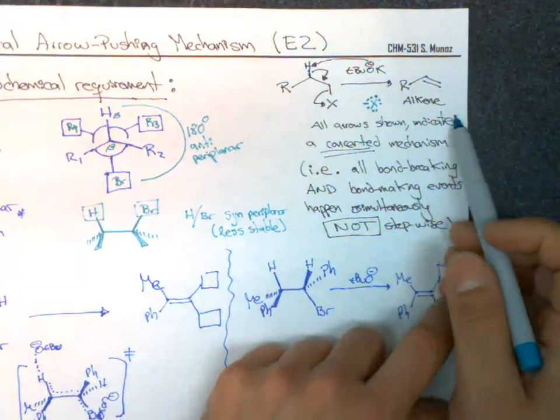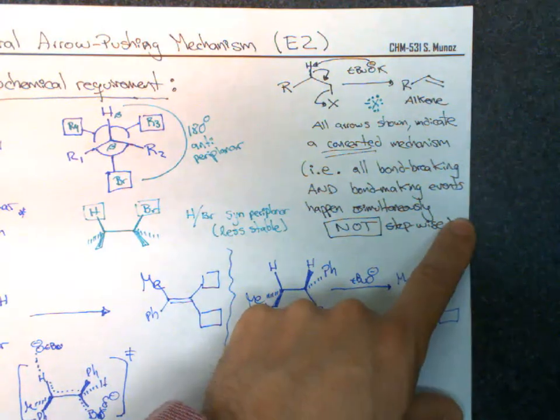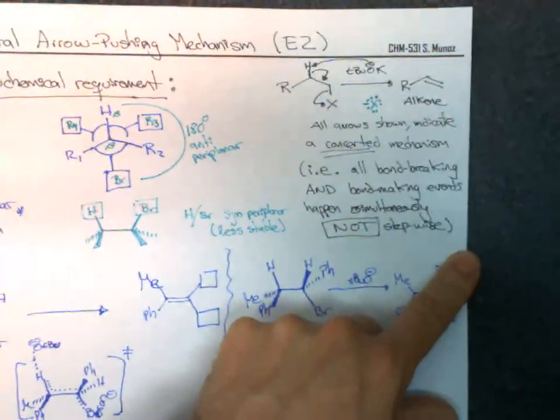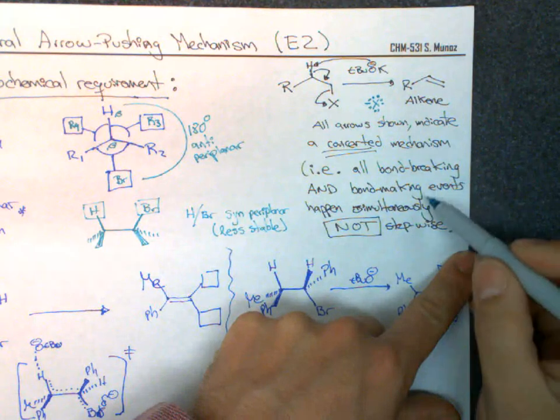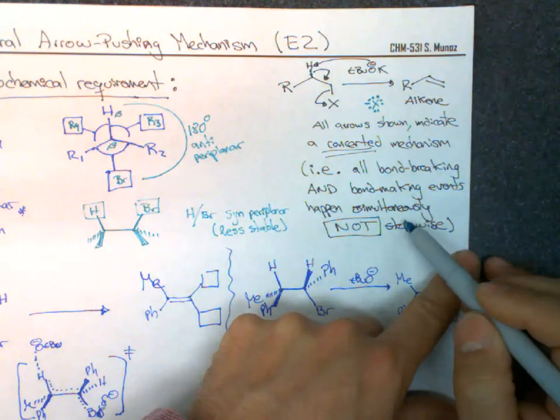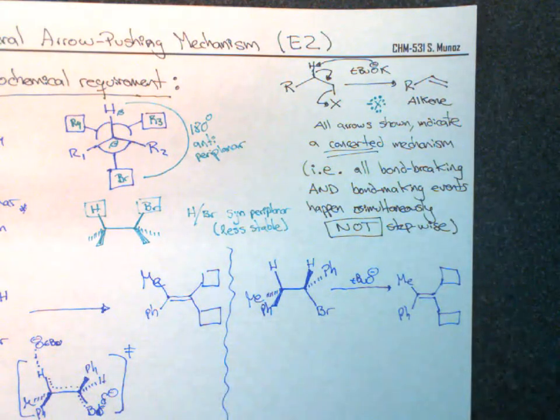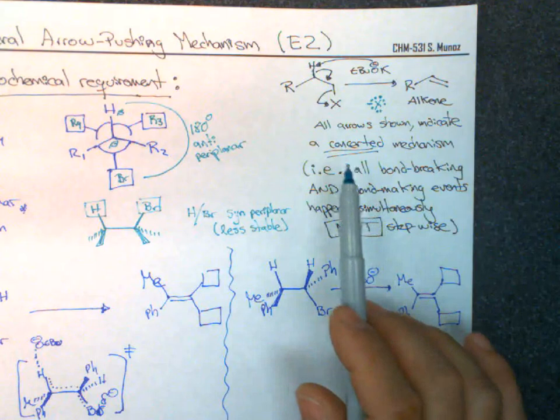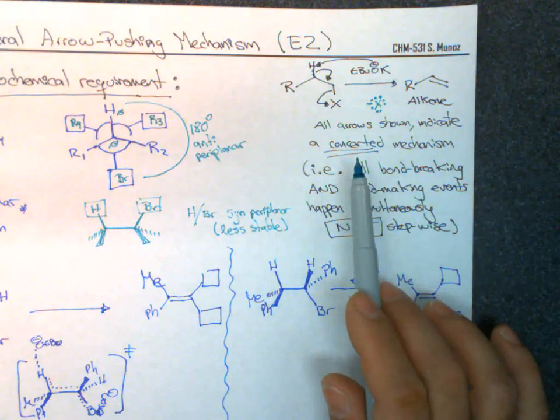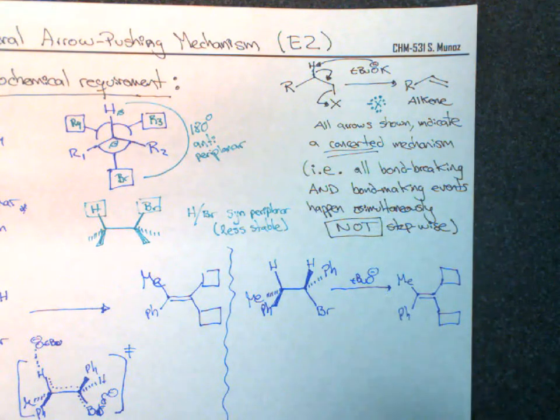So I want you to become experts in how to draw this concerted reaction. All bond breaking and bond making events are happening simultaneously, not stepwise. So it's very similar to an SN2, in which you have a transition state, which is trigonal bipyramidal. In this case, we'll show how a transition state looks like for this one, but it's also one transition state only because it's one single step. Is that clear?